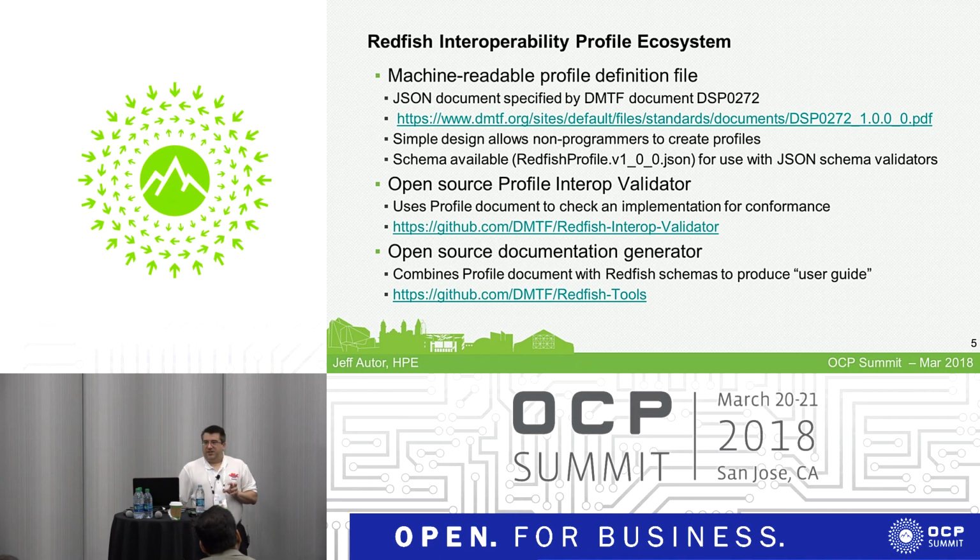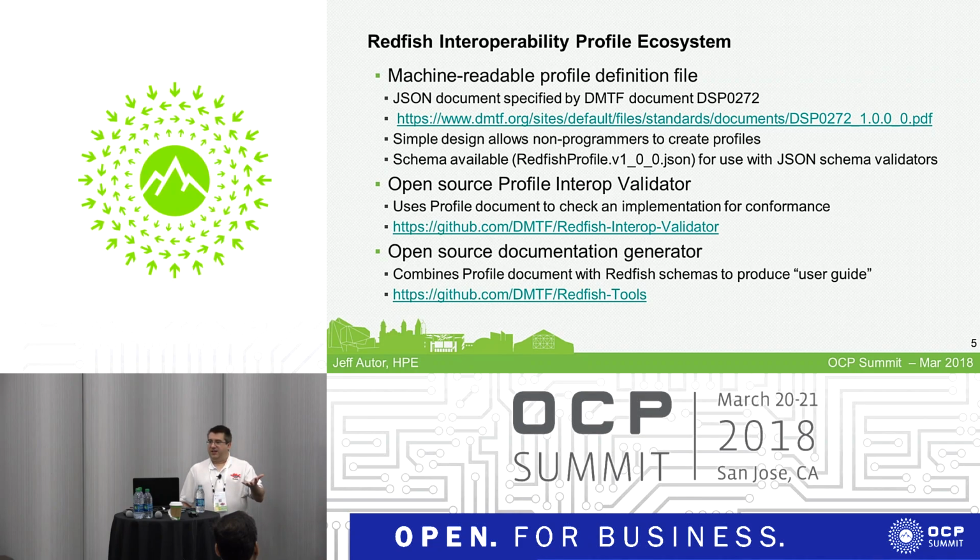That JSON document is backed by a schema, so there's a schema file that defines that, and you can apply the schema to a JSON schema validator and see that your profile document is valid and meets the definitions. Then using that profile document, you can take an implementation and use an open source tool published by the DMTF called the Redfish Interop Validator, which is on the DMTF's GitHub repo.